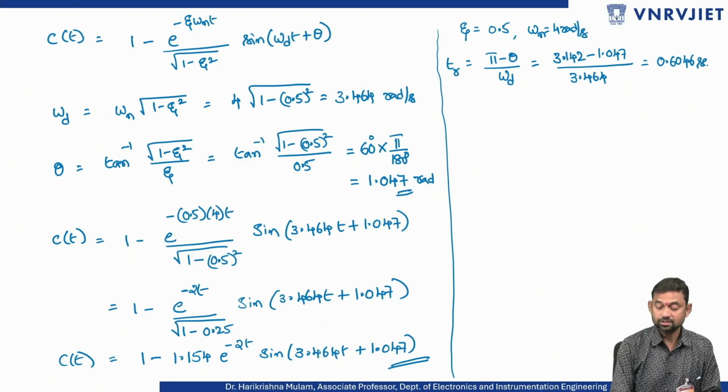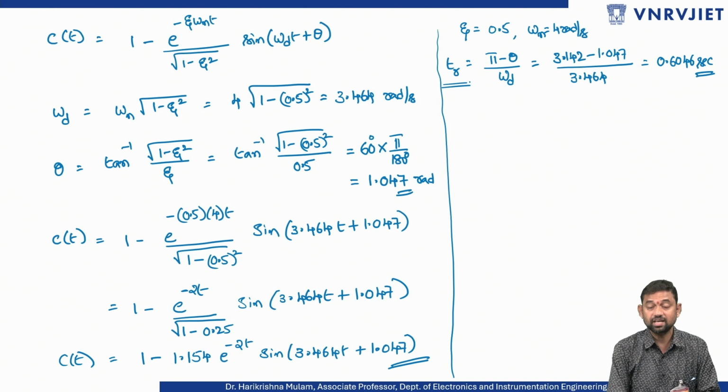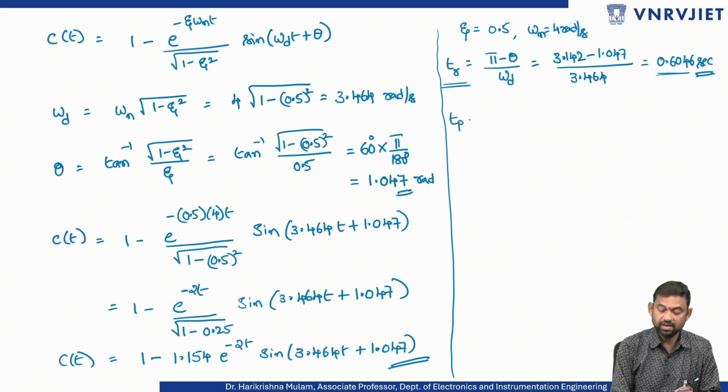If you calculate its value, it comes around 0.6046 seconds. So the time taken by the response to reach 100% of the final value for the first time is called rise time, and in this system that rise time is 0.6046 seconds. Similarly, find peak time by the formula pi by omega d, which is equal to 3.142 by 3.464.